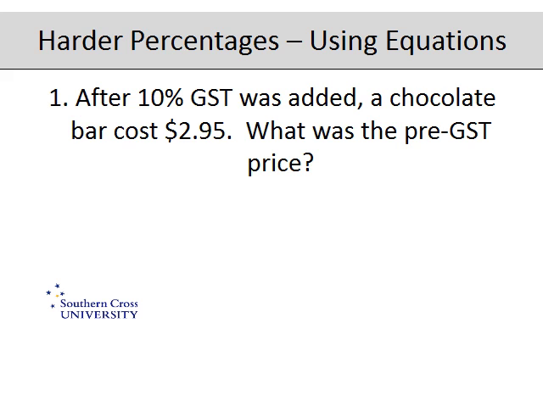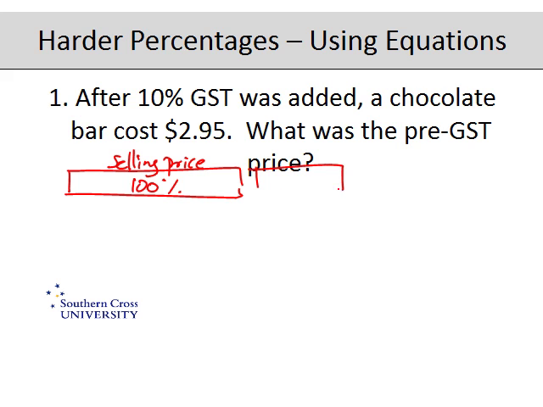You can see that previous to this we've looked at questions where we've had to add on the GST, but this has already got the GST added on, so we need to work backwards to get the pre-GST price. So we know that the chocolate bar is like 100% of the selling price.